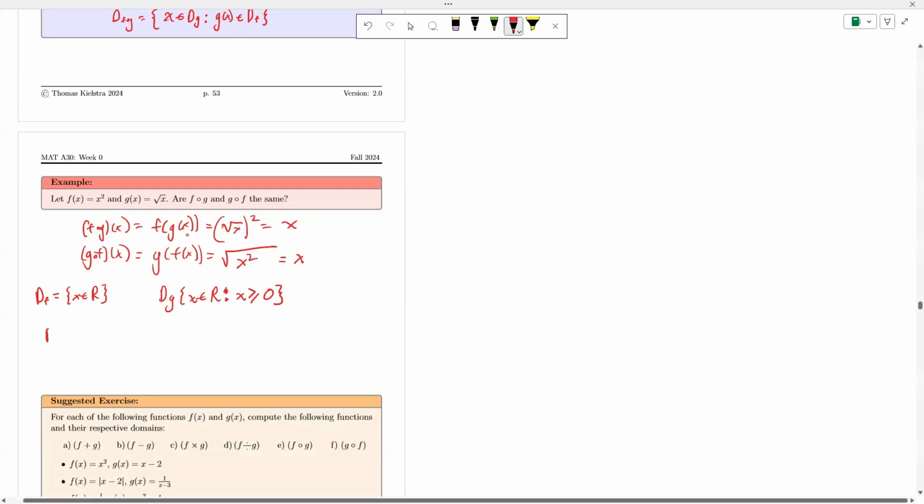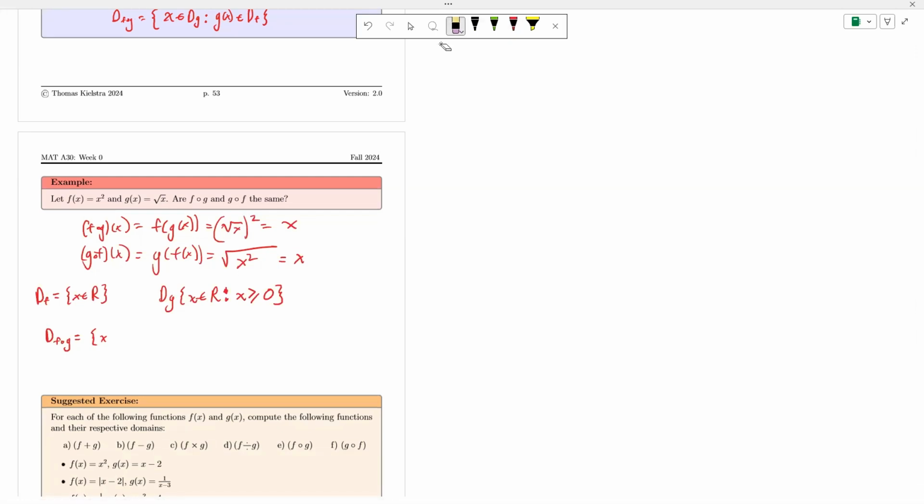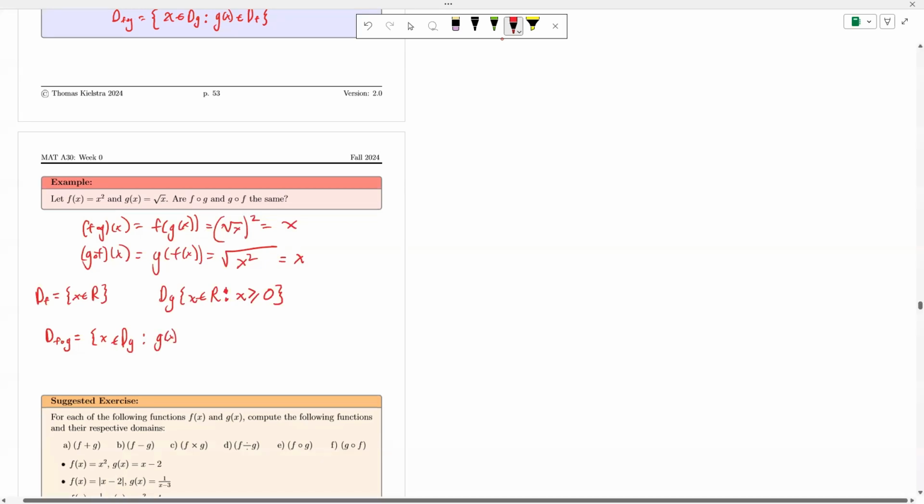Now let's look at the domain of f of g. Well, this is going to equal the set of x in the domain of g such that g of x is in the domain of f.